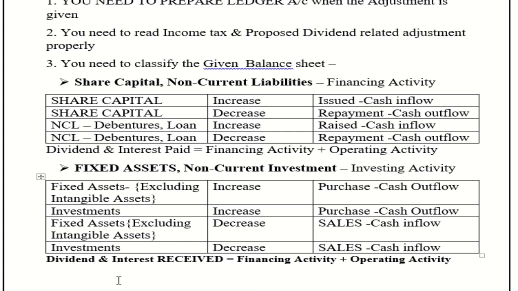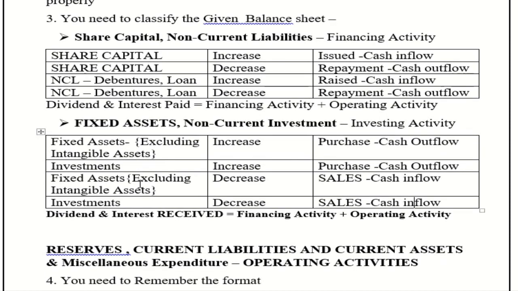Then dividend and interest received is a financing activity as well as an operating activity, so it will appear in both activities. Next, in this balance sheet, other than share capital, non-current liabilities, fixed assets and non-current investments, on the liability side we have reserves and current liabilities, and on the asset side, short-term assets like current assets.